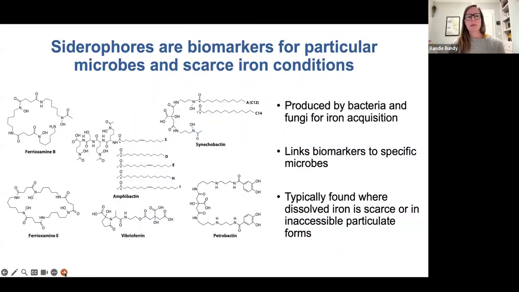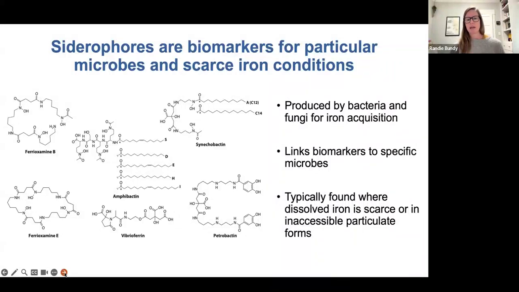One of the ways that we got interested in this in my lab is that I am coming from a background of studying trace metal biogeochemistry and also organic molecules that complex to trace metals. One of these classes of compounds are called siderophores, and these are some example marine siderophores here. These are organic ligands that are really strong complexers of iron.